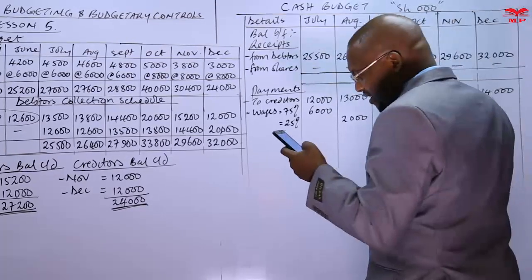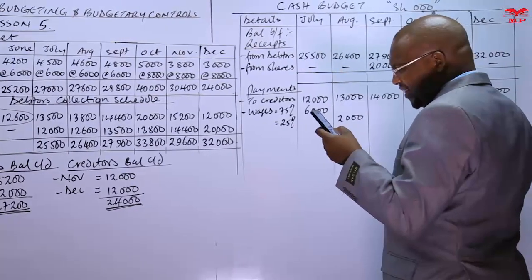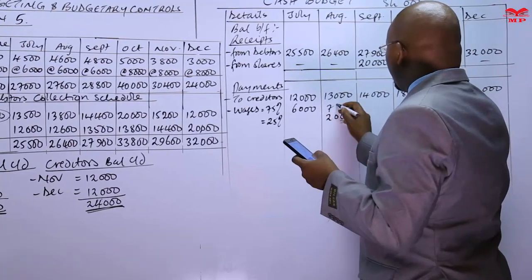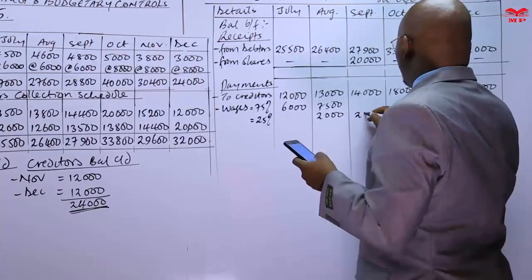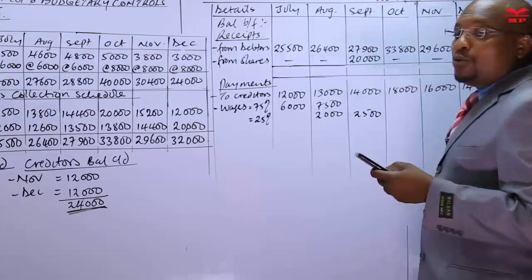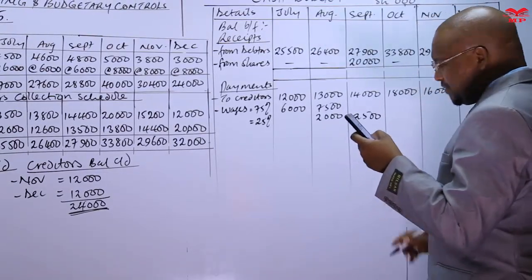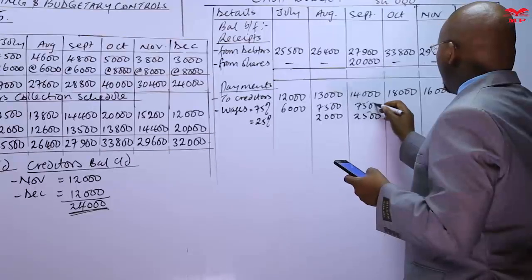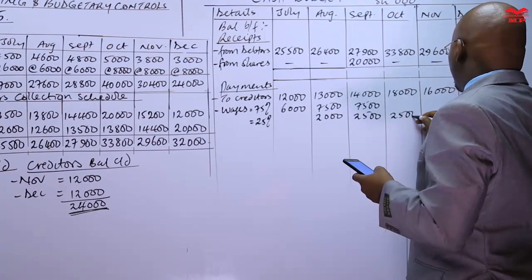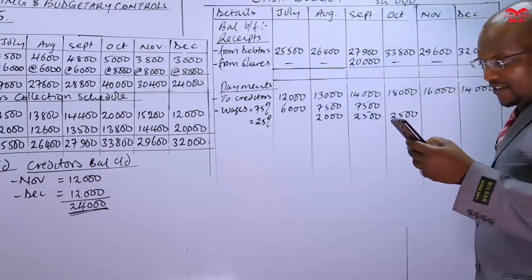Then August is 10,000. This is 7,500 to be paid here, with 25% pushed to the following month. Same case with September: 7,500 paid here and 25% paid 1 month after.